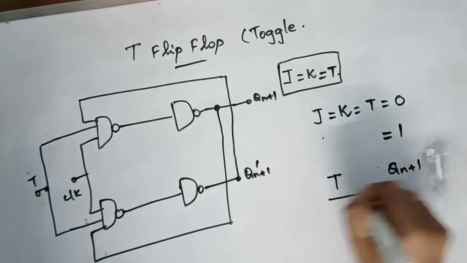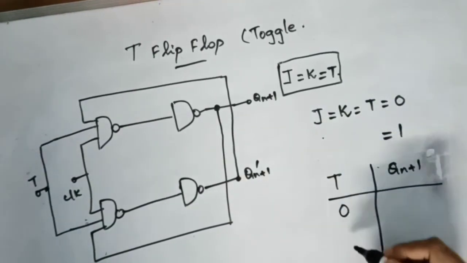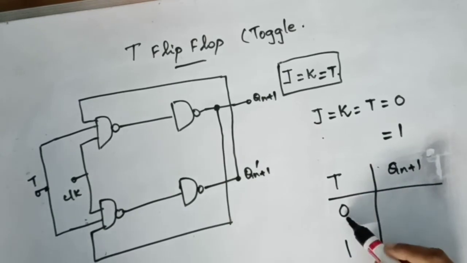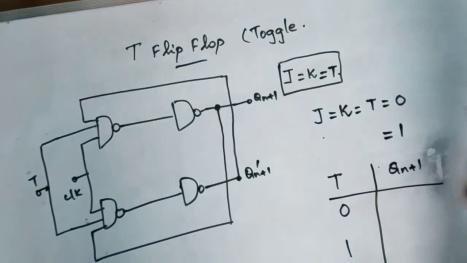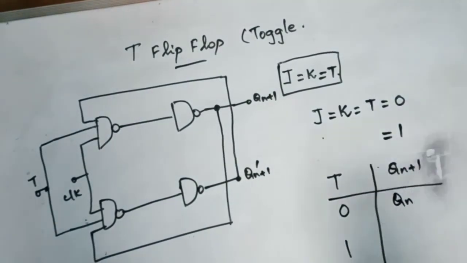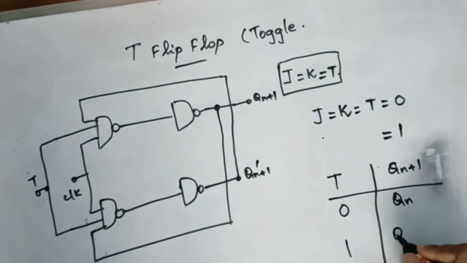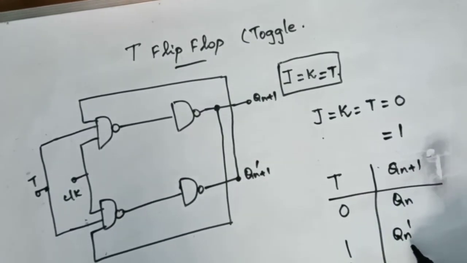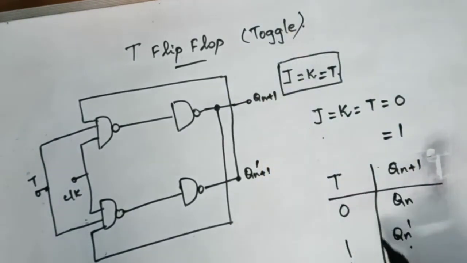So T equal to 0 means J equal to K equal to 0, which gave Qn, so that is the same here. J equal to 1, K equal to 1 was Qn bar, so that is the same here. So when T equal to 1, the output is Qn bar. That is why you call it a toggle flip-flop, because the output is complemented.